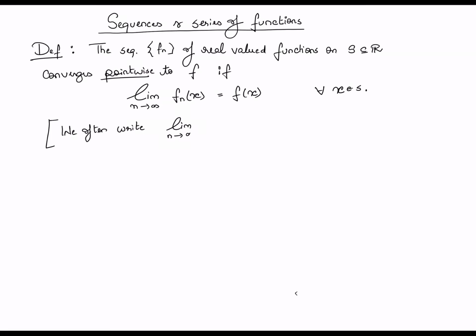Okay, so we often write the familiar notation, limit n tends to infinity, fn is equal to f, or fn right arrow f, to indicate this type of convergence. Let me remind you that pointwise convergence is actually something that one has already encountered in the context of power series.